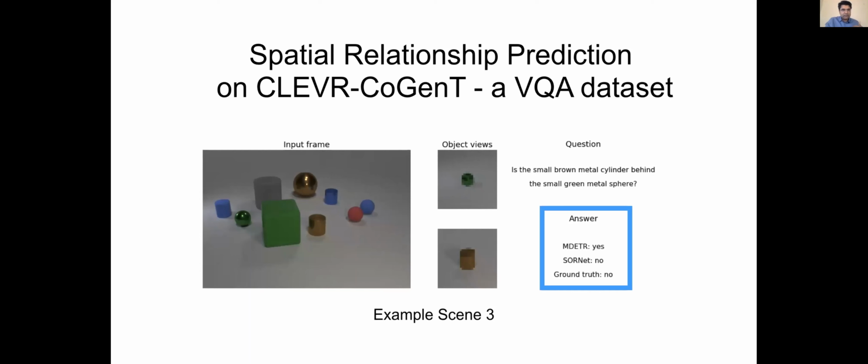Is the small brown metal cylinder behind the small green metal cylinder? And the prediction is no. So we compare this with the state-of-the-art method MDETR, which is also using zero-shot learning to give these logical states.